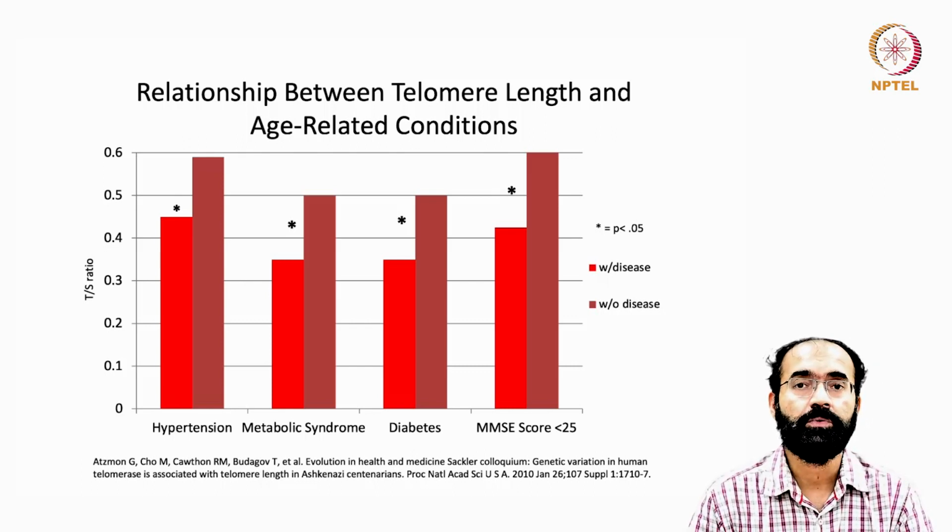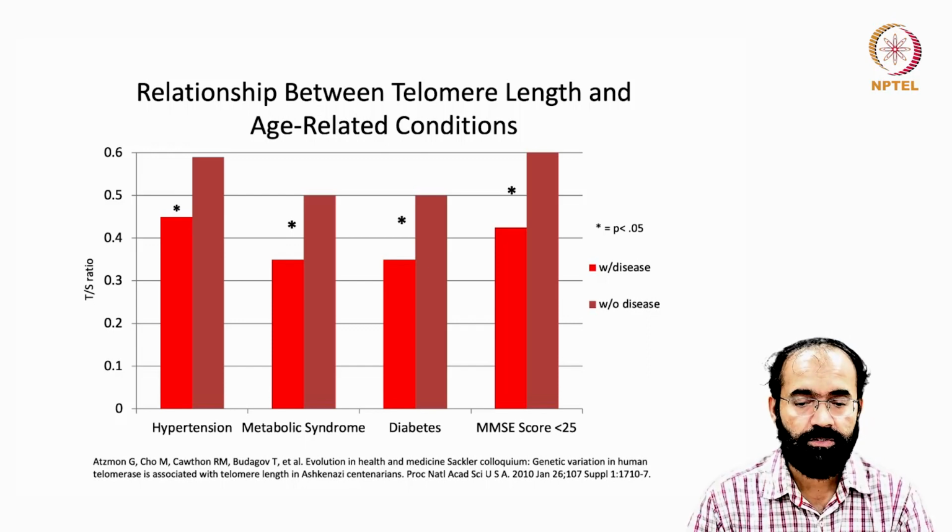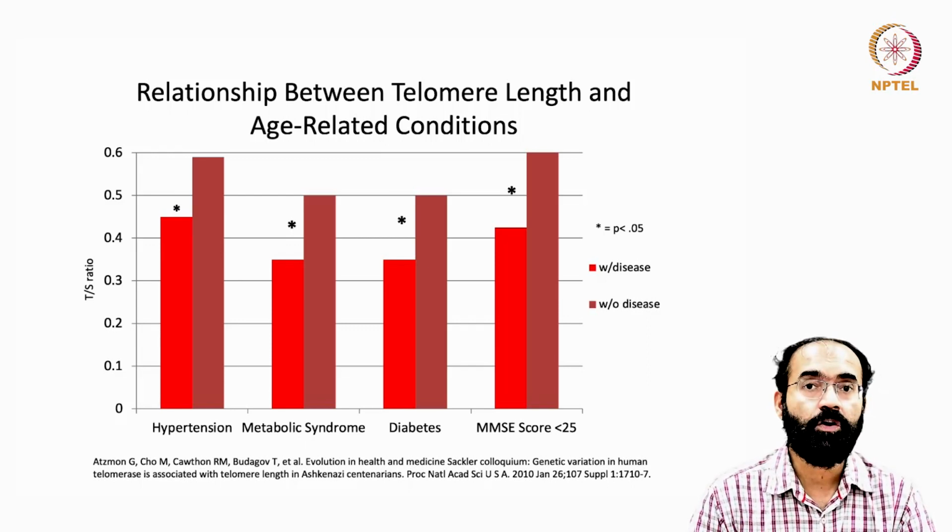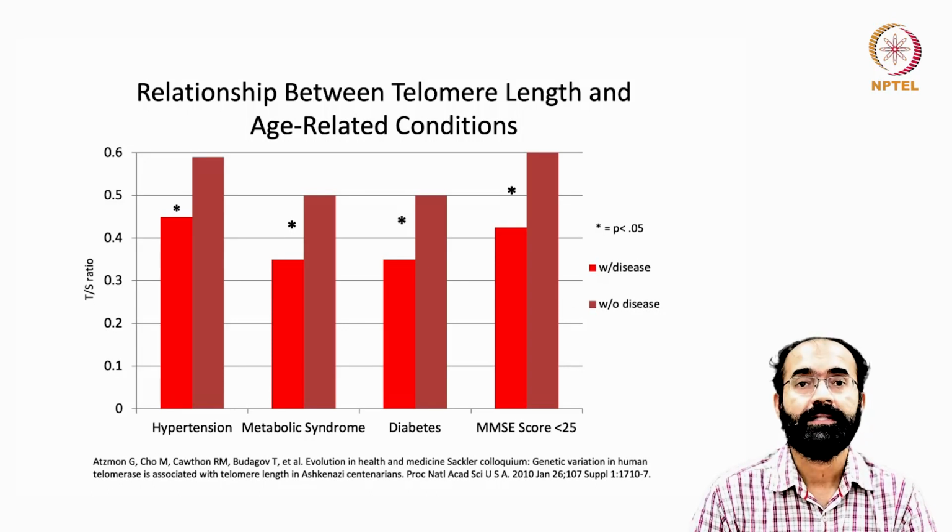If the P value by T test is less than 0.05, it is considered significant, so that's what you give a star. You have two categories, one with the disease and one without disease. So the telomere and the somatic.